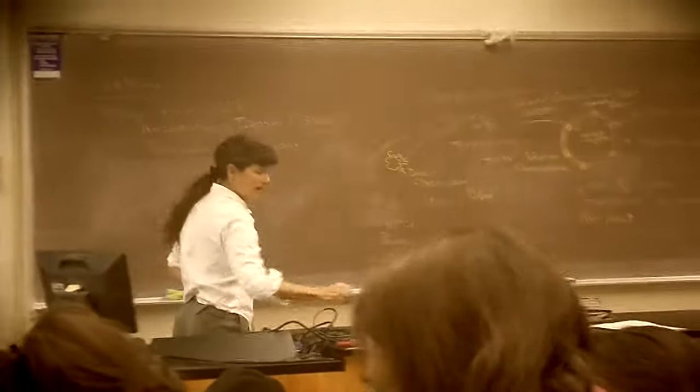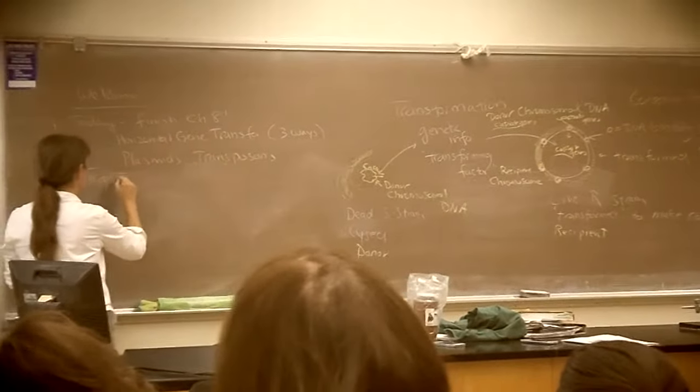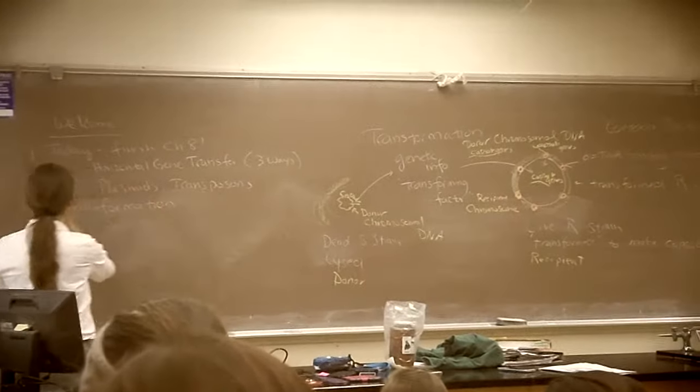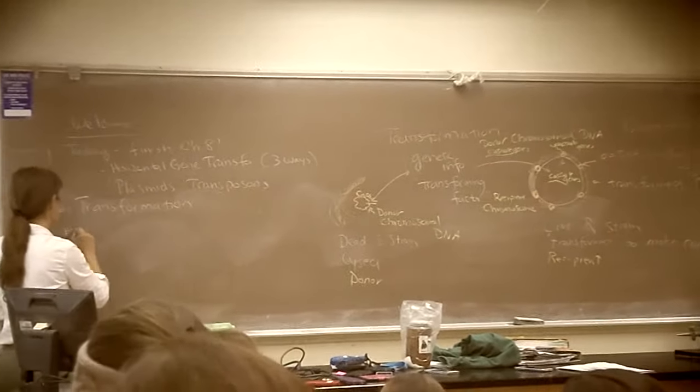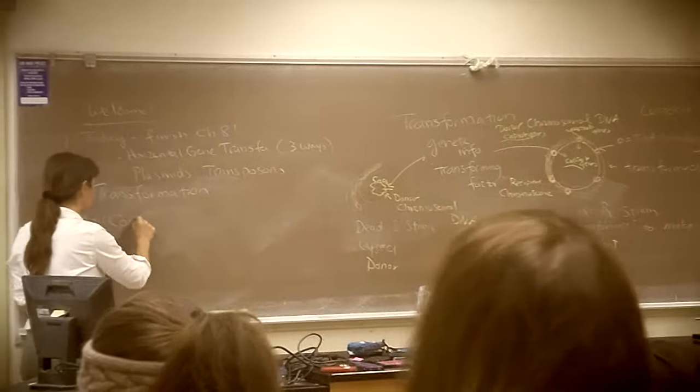So a little bit of background information here. Again, this is the second type of horizontal gene transfer. Number one that we discussed was transformation. What's this called, you guys? What we're going to talk about? Conjugation, good.